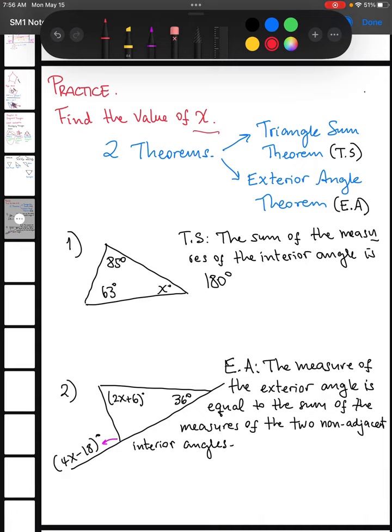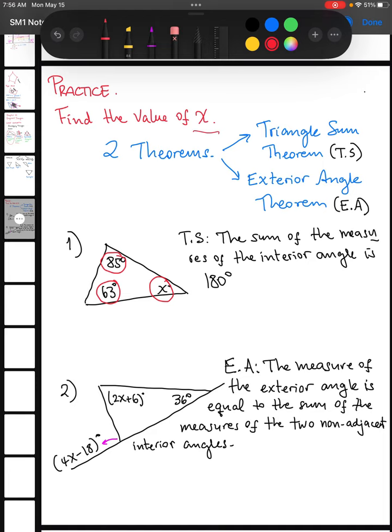In the first exercise, we have the interior angles of this triangle, which are 85, 63, and an unknown value.